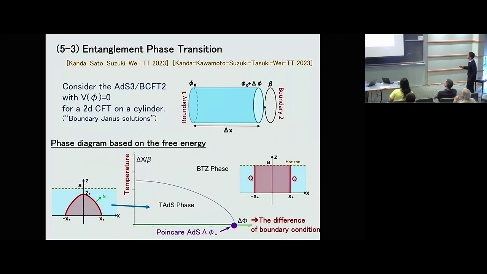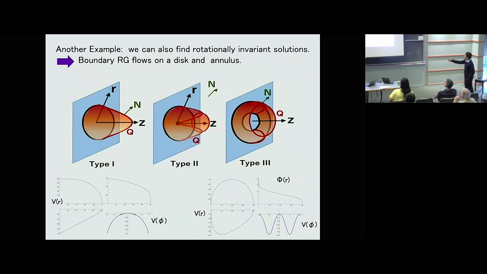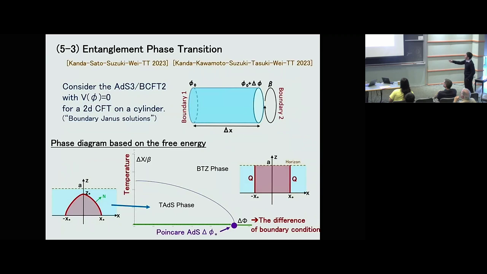Also, finally, I just want to mention that there are also solutions with two boundaries. It is interesting to think about this cylinder, but with two boundary conditions. If we assume these two boundary conditions are different, then what happens? This is not the RG flow, but it's somehow close because these two boundary conditions are different. Both are critical, but different conformally invariant boundary conditions. In that case, we have a non-trivial phase diagram: if we take the difference of the boundary condition given by the scalar field, we have some phase transition.